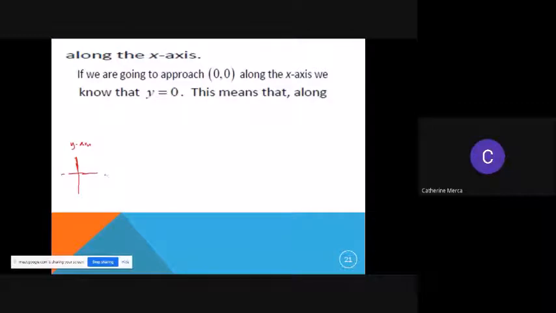Along the x-axis, what is the value of y? Along the x-axis, y is equal to 0.